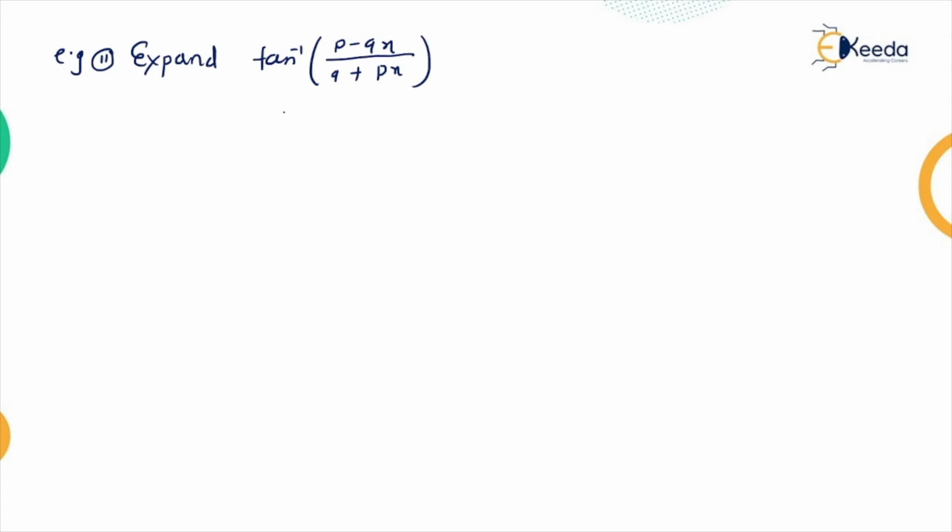Let tan inverse of p minus qx divided by q plus px be written in this way: tan inverse of p upon q minus x divided by 1 plus p by q into x.